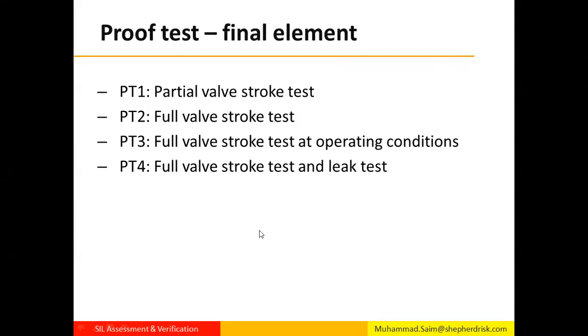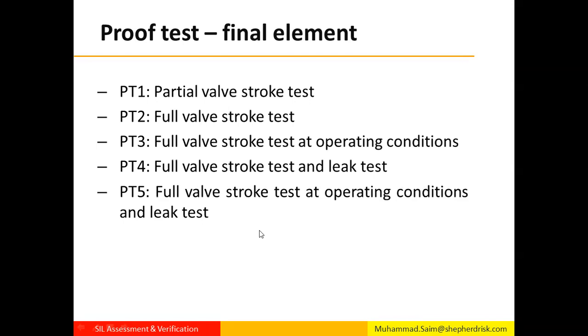PT4 is a full valve stroke test and leak test. And PT5 is a full valve stroke test at operating conditions and leak test. So these are the five proof test requirements for an ESD valve. There may be more requirements, but these are just some of the proof test requirements commonly required for an ESD valve.